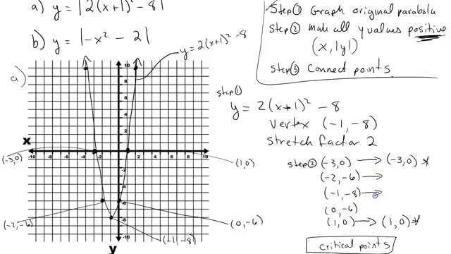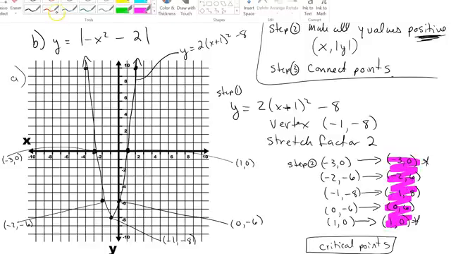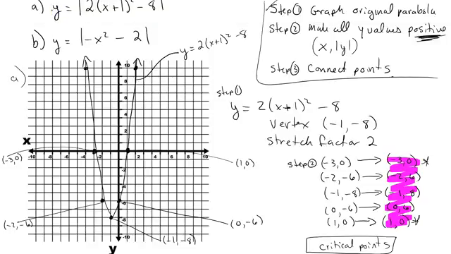So if I'm finding the absolute value of the y values, this becomes -2, 6, because -6 becomes +6. -1, 8. This one becomes 0, 6. So I want to plot all of these new points in another color, with a little bit of a legend.